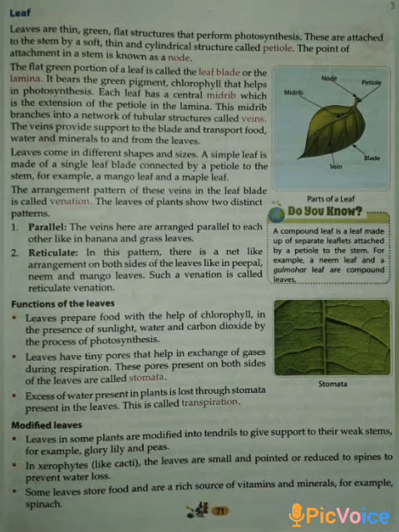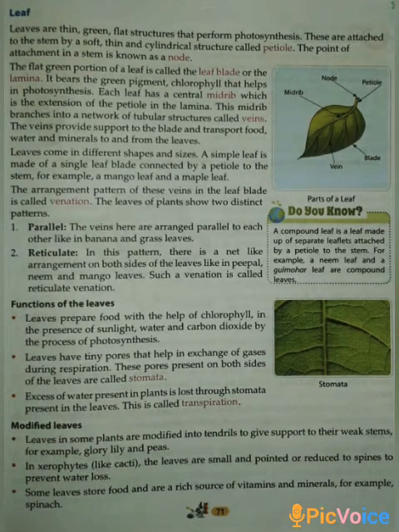In reticulate pattern, there is a net-like arrangement on both sides of the leaves, like in peepal, neem and mango leaves. Such a venation is called reticulate venation.